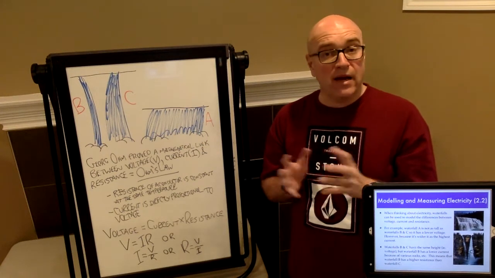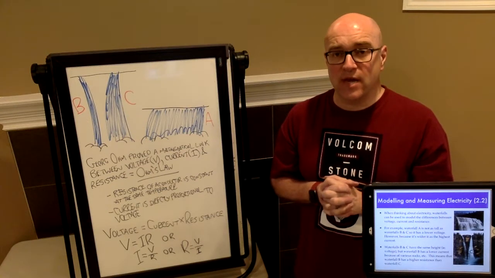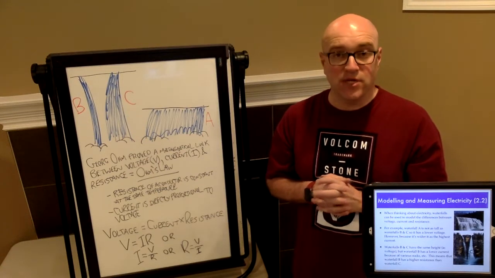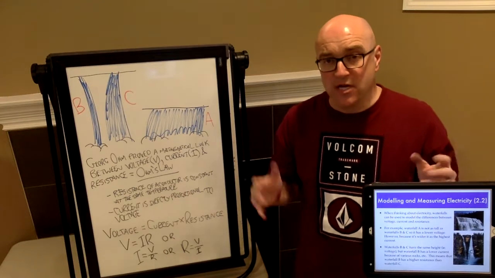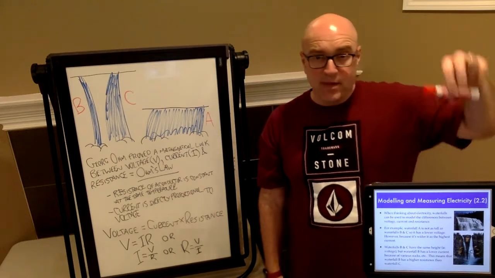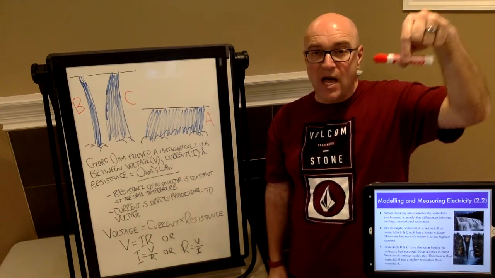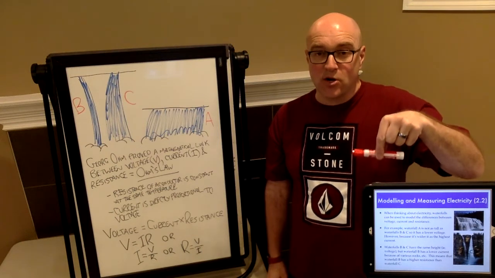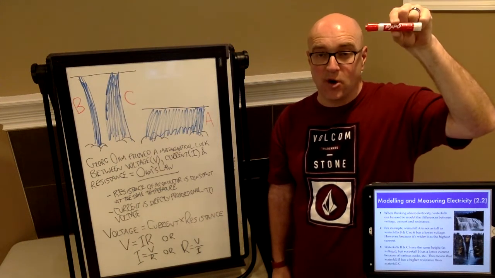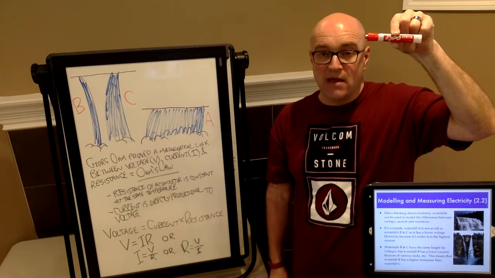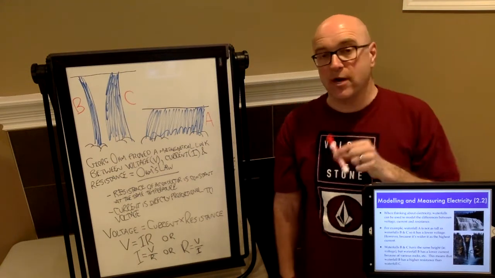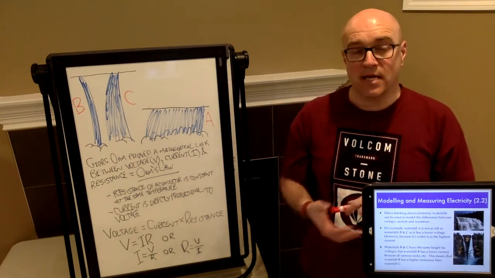What the height of the waterfall would be analogous to in an electrical circuit is, in fact, the voltage. Think about it like potential energy. If I hold a marker this high as opposed to this high, this marker has less potential energy than this one because I've raised it up higher. It has a much larger potential to fall a greater distance and to gain kinetic energy.